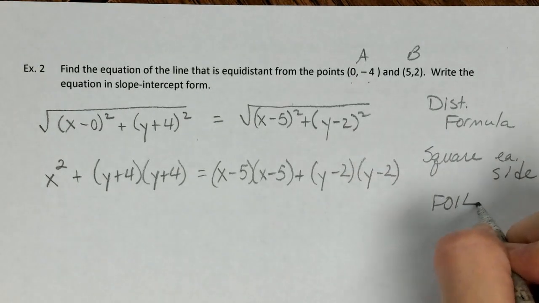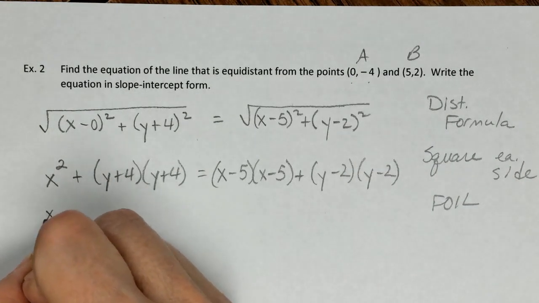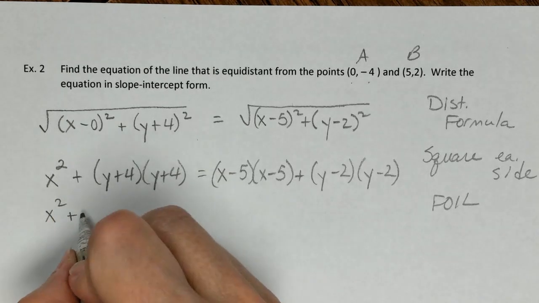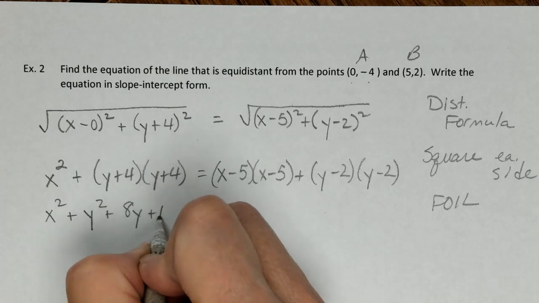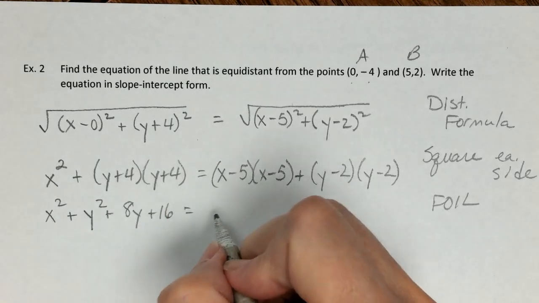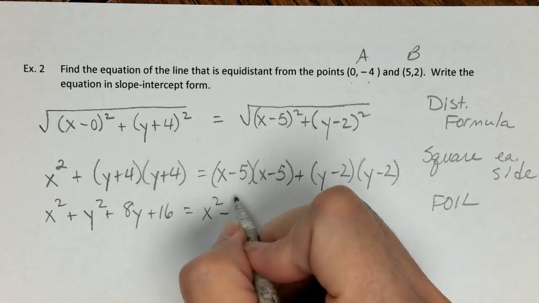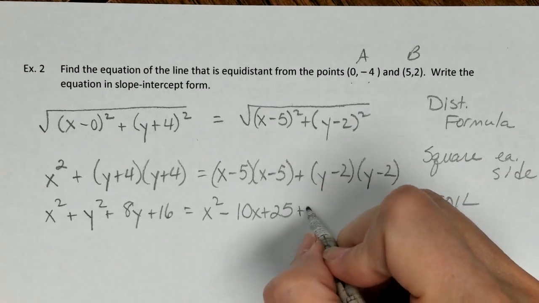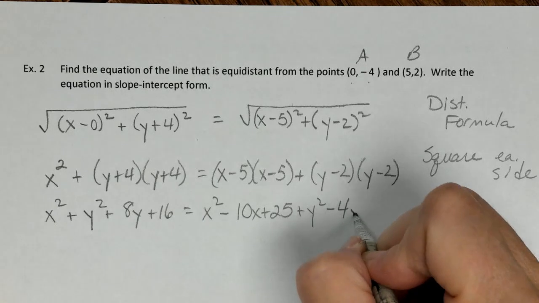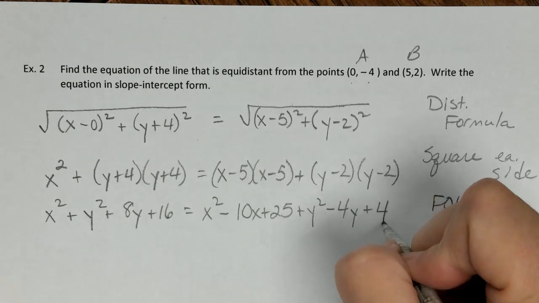And then we FOIL. Y squared plus 8y plus 16, x squared minus 10x plus 25, y squared minus 4y plus 4.